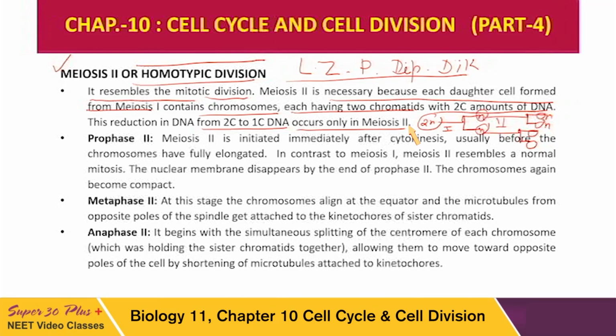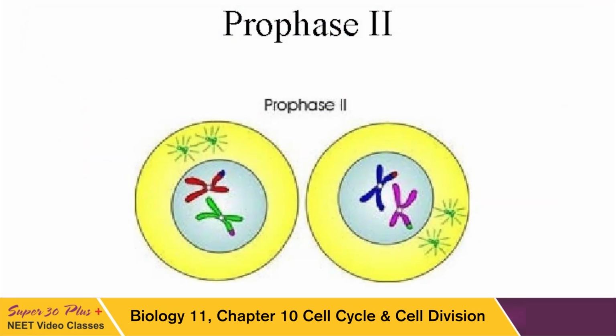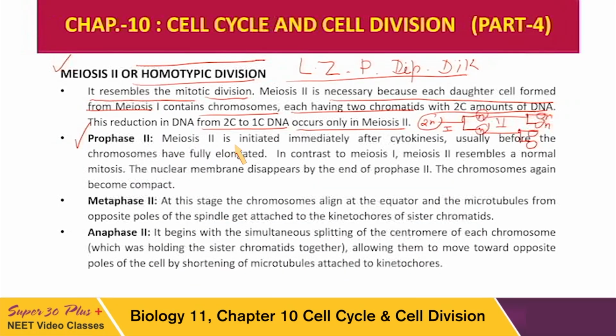What is there, children, in meiosis second? The first stage is prophase second, initiated just after cytokinesis. Before this, the chromosomes are fully elongated.